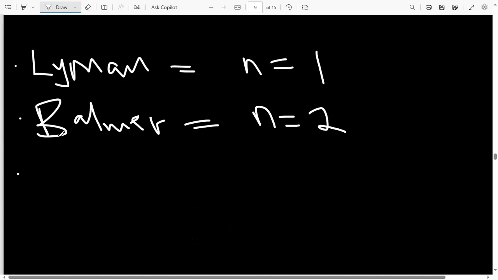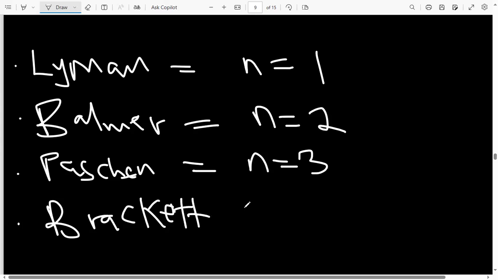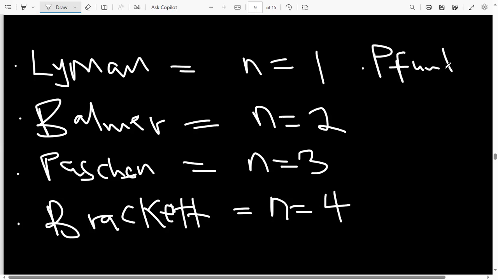And then what other series do we have? From the Lyman and Balmer series, we also have the Paschen series, which is associated with energy level number 3. Then we also have the Brackett series, associated with energy level number 4. And then we have the Pfund series, which is associated with energy level number 5.